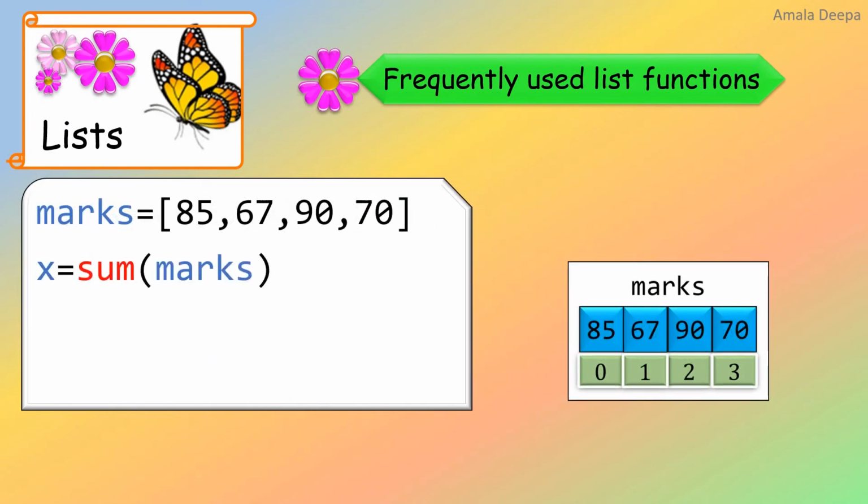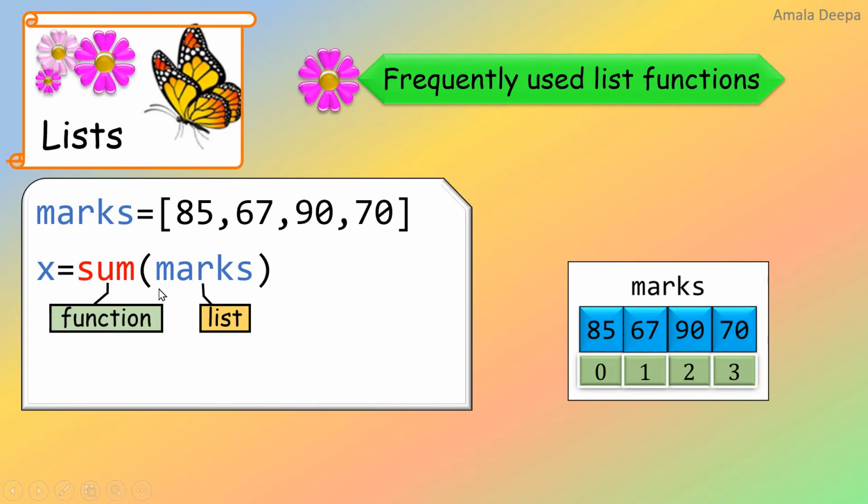Next is the sum function. x = sum(marks). Here sum is the function and marks is the list object. Observe carefully. For the sum function, you should not use the dot operator. The list is not in front of the function, whereas it is a parameter within the parenthesis. sum(marks).